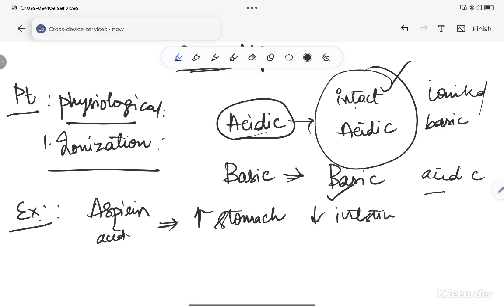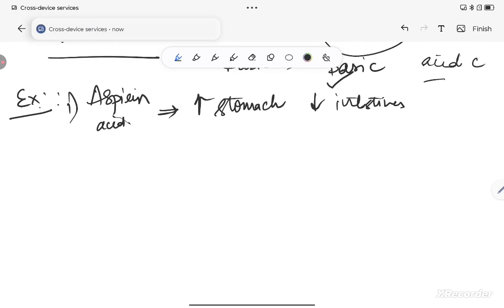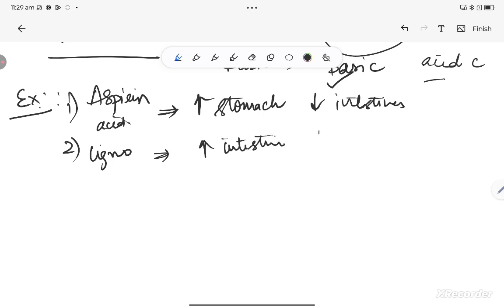Now let us consider some others like lignocaine. Lignocaine is better absorbed from intestines. Sorry, lignocaine is never given orally. So tell me one basic drug which is very commonly used. Aminoglycosides, the very strong basic drugs, lignocaine, all these. So they are better absorbed in intestines and less absorbed in stomach. Clear? This is with respect to ionization.